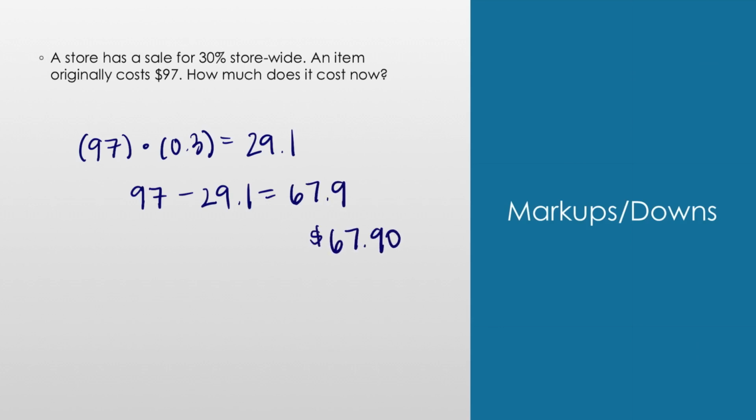So that's way number one, is to find the sale and then subtract it. The other way is to think about how much is in a whole percent. 100% means all of it, right? So you do 100 minus 30 is 70. So I would do 97 times the remainder, which is 0.7, or 70%.